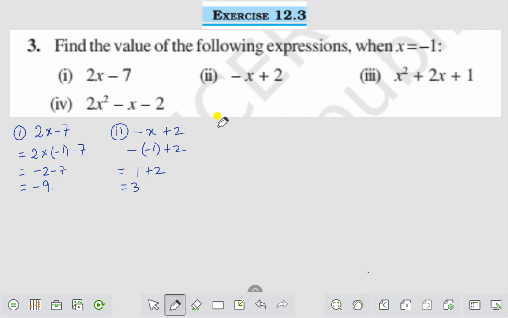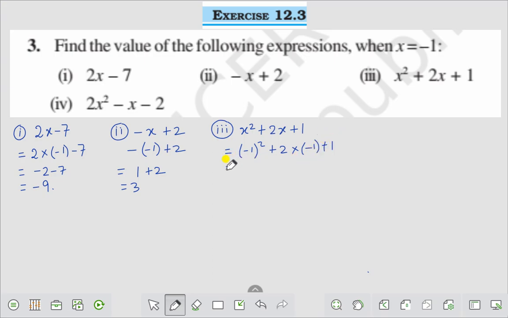Now question number 3 is x square plus 2x plus 1. The value of x is minus 1, that is minus 1 whole square plus 2 into minus 1 plus 1.